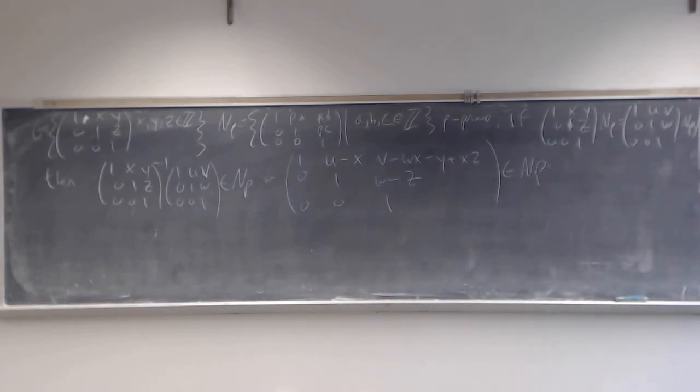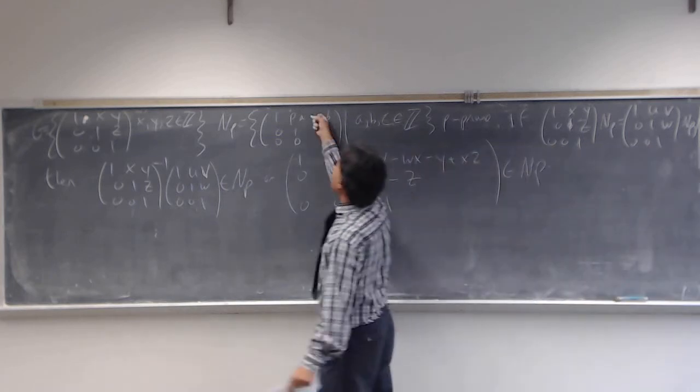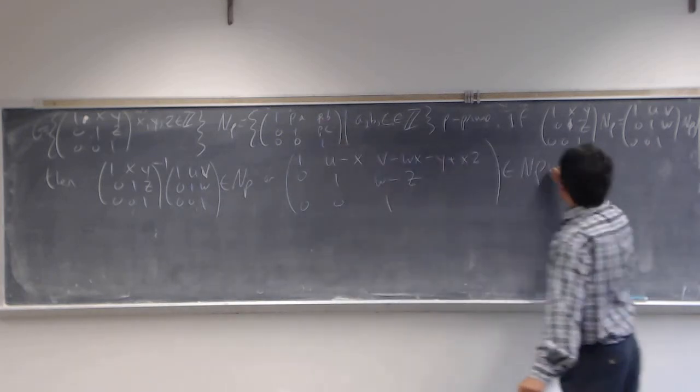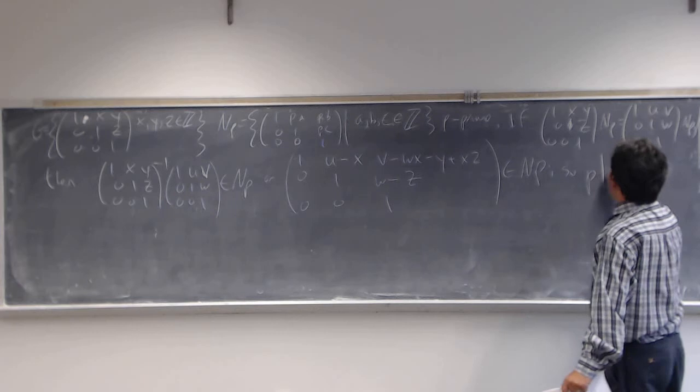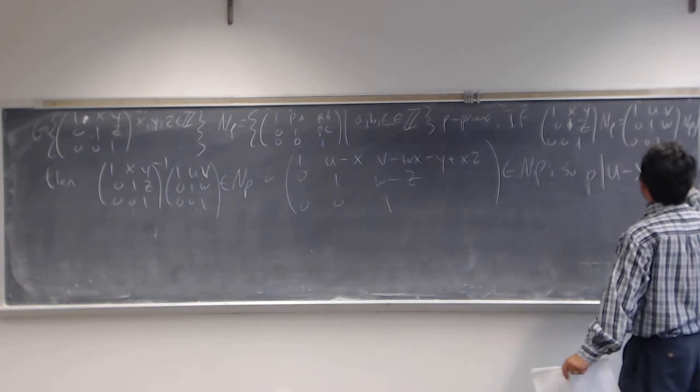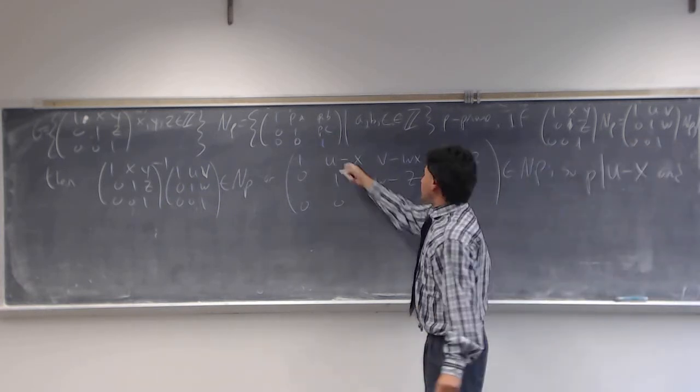Okay, let's take a step back. What the heck did it mean to be in N sub P? Well, all 3 of these entries have to be divisible by P. So P would have to divide U minus X, if this is in the center.